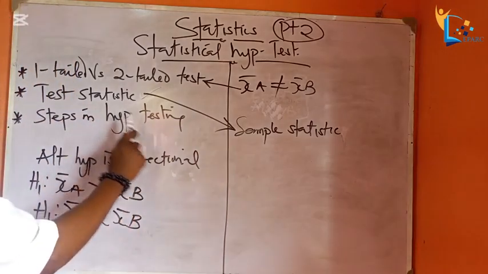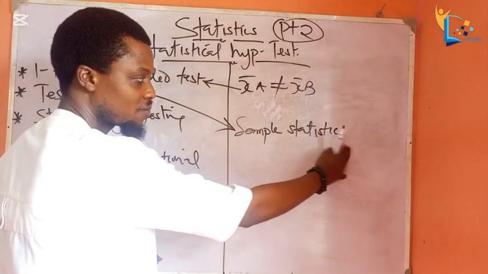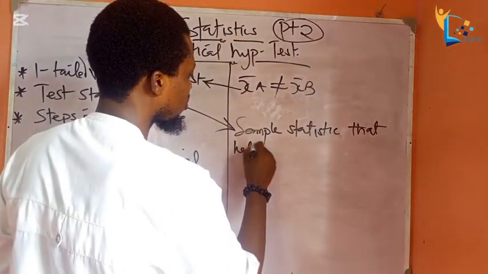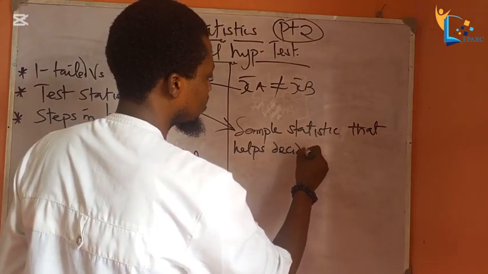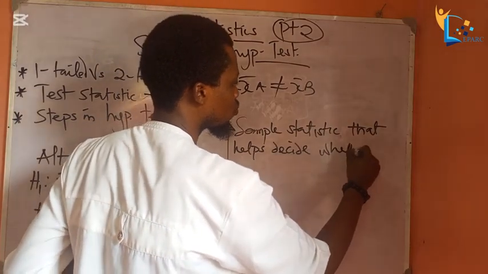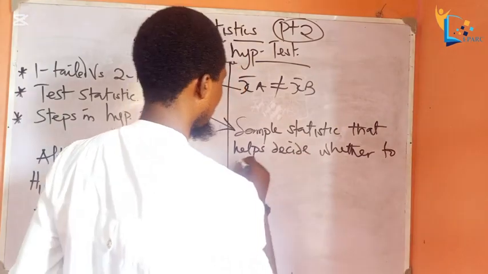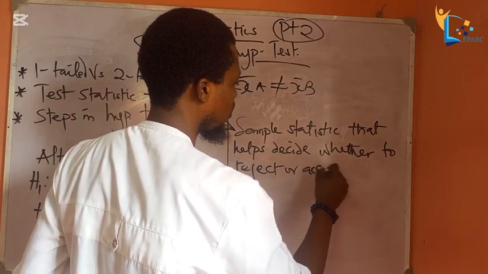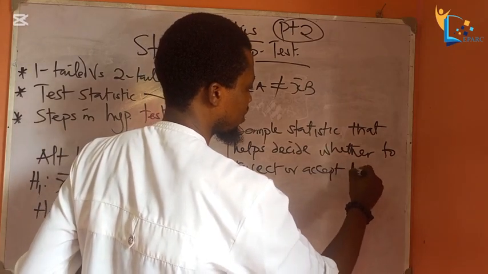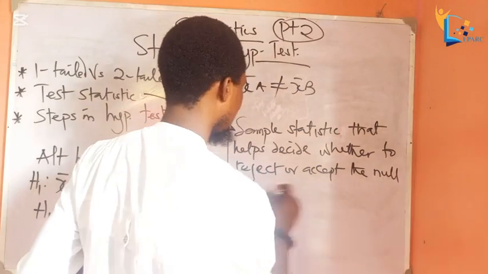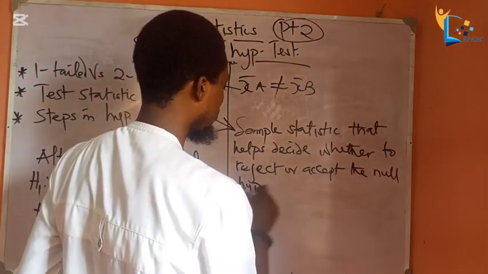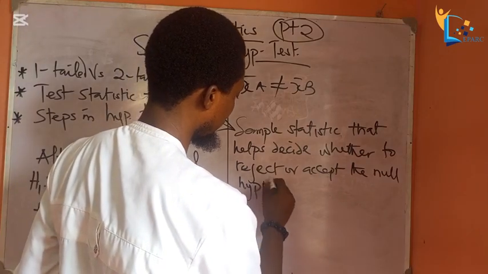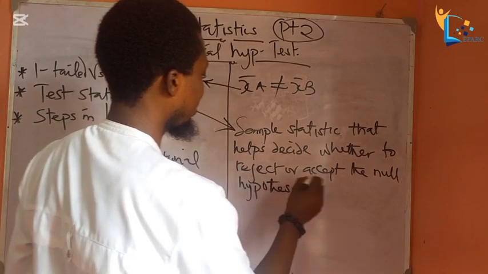The test statistic is a sample statistic that helps us decide whether to reject or accept the null hypothesis. And the distribution is divided into two regions.